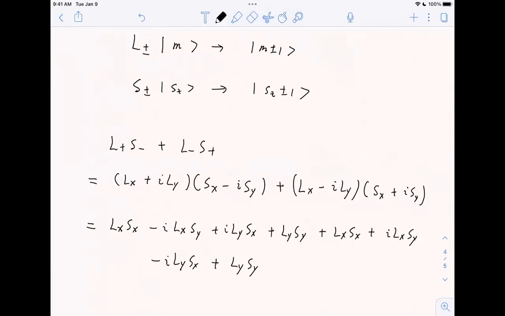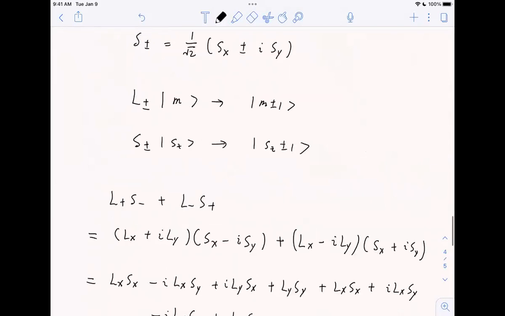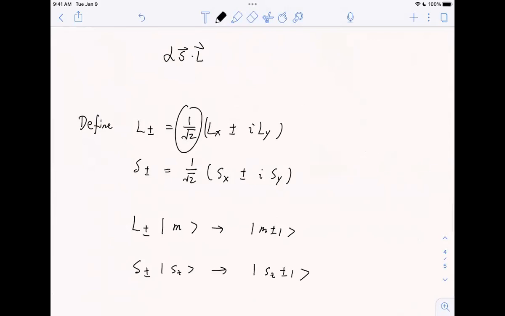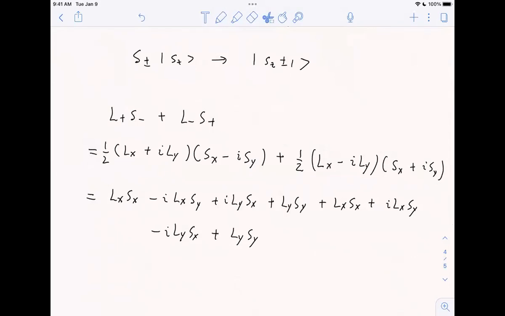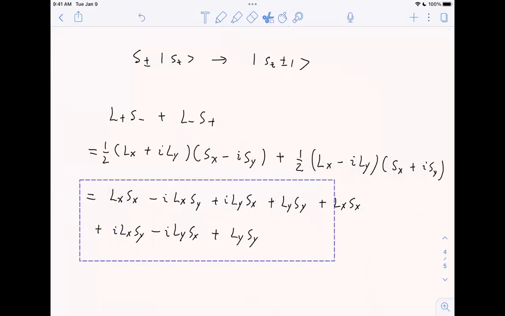Okay, wait, I forgot the normalization factor. So this is 1/2 squared. So when you have 2 of them together, then you just get 1/2. So eventually you just get everything 1/2.